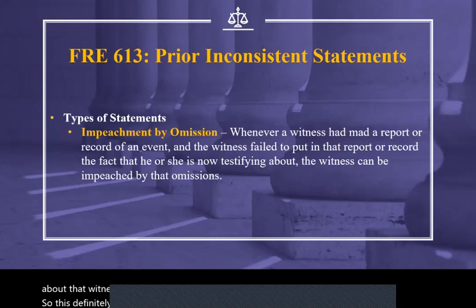Because if the officer writes out a police report in great detail, as they're supposed to do, and they get on the stand and say, oh yeah, and then I learned that X, Y, and Z occurred, you can get up there with their report because it's their statement and say, well, show me in this police report where you said X, Y, and Z occurred.